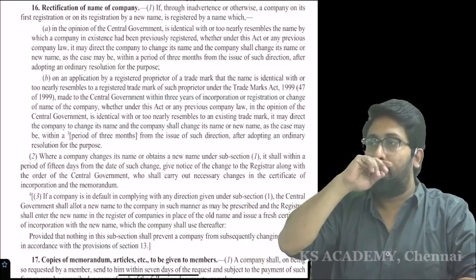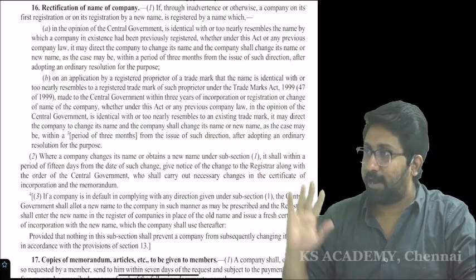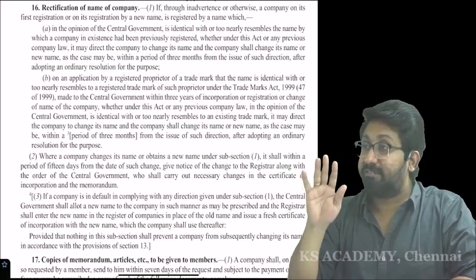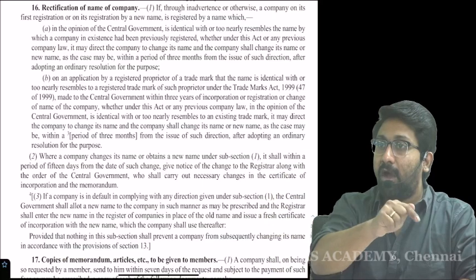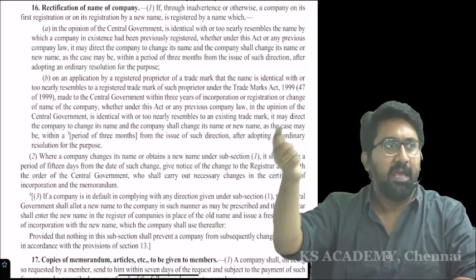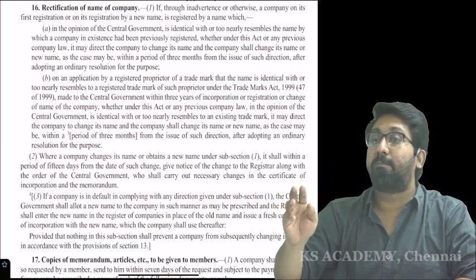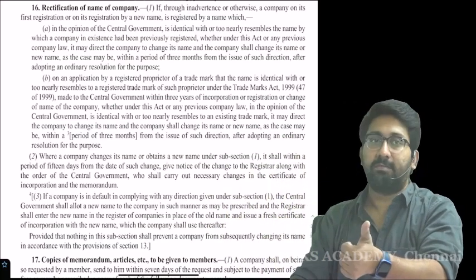Are you understanding the point or not? Listen carefully again. First, who applied? Applicant applied. For what? A name. Reservation for a name, either in case of a new company or in case of an existing company. In case of a new company, I will apply for a name. In case of an existing company, I will apply for a new name. So the word new will come if there is an old one.